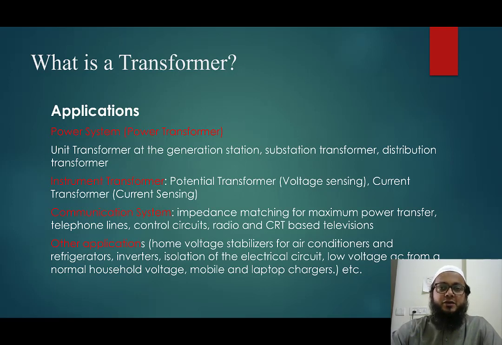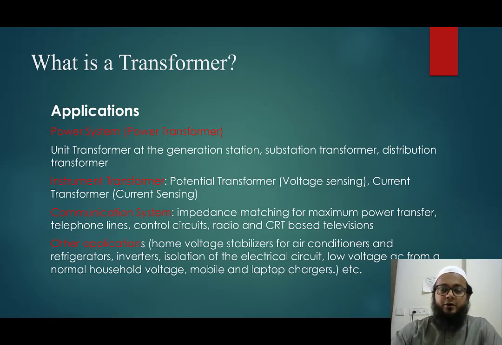Then we use a transformer there to step up the voltage to a level of, let's say, 220 kV or 440 kV, or even as high as 765 kV, and then we transmit that power from the generating source to different cities.